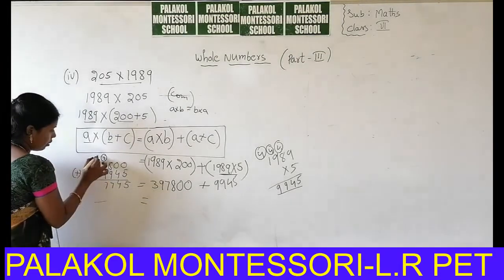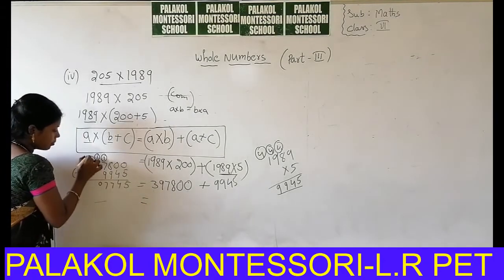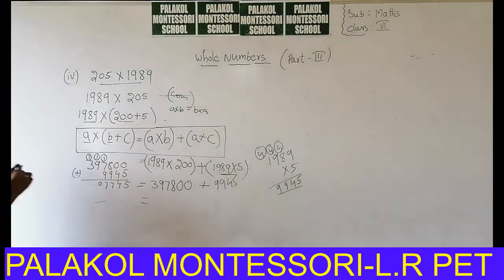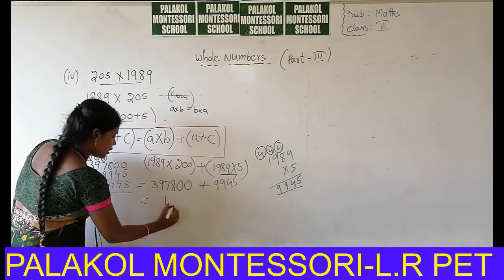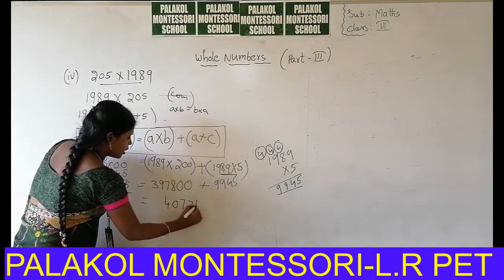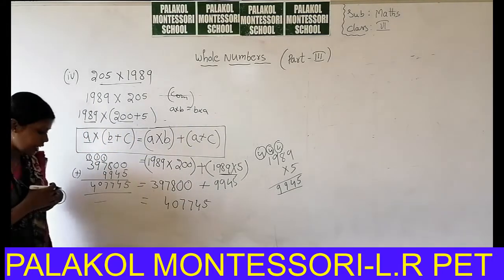So 7, 1. 9 plus 1, 10. 3 plus 1, 4. So what is the answer? 4,07,745 is the answer.